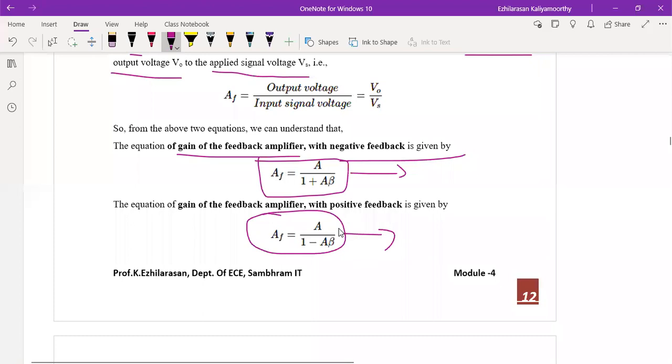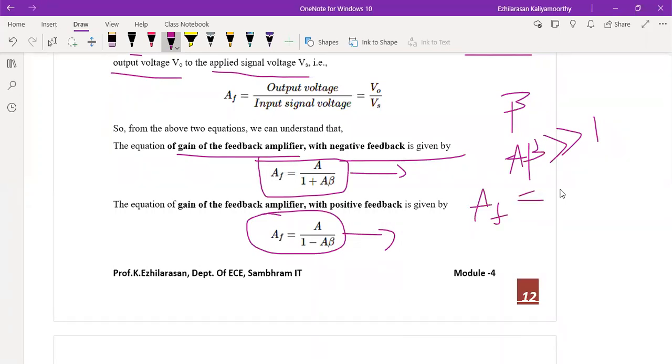Now let us do some small analysis from this. Normally, assume A into beta is very, very greater than 1. Then how will this expression reduce?